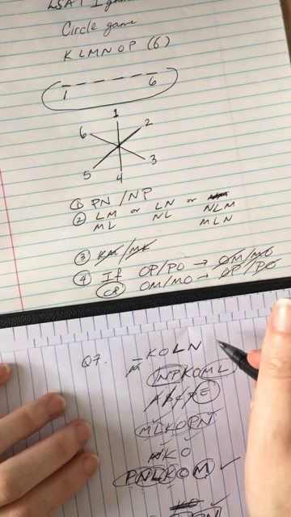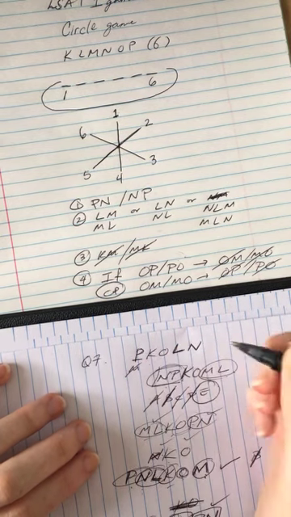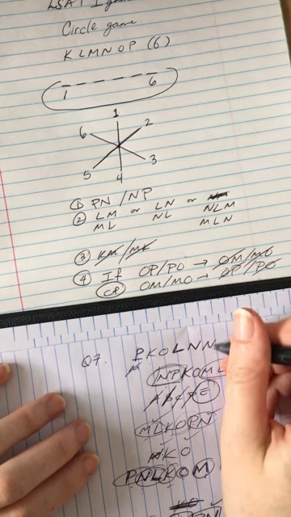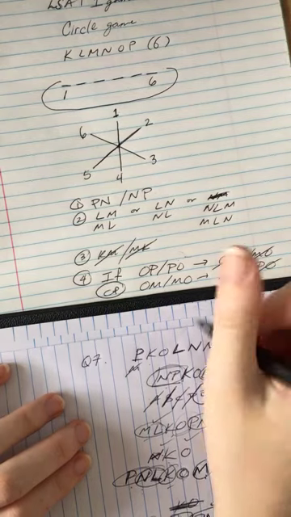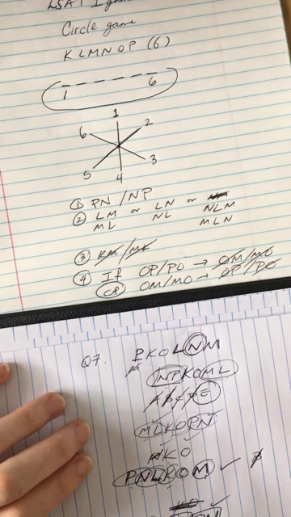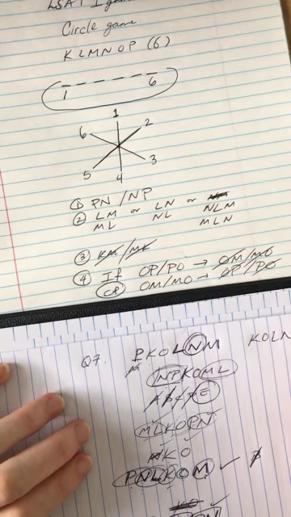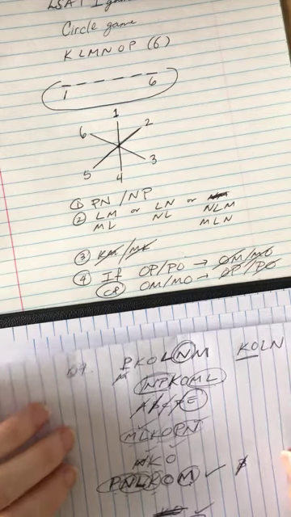We have P and M, so P would be on the other side of K and M is here. What's wrong with that? Ooh, we can't put N next to P, so that breaks rule 1, or it breaks rule 3, right? So KOLN is what we're testing, right? K and O together, that's the question-specific condition.